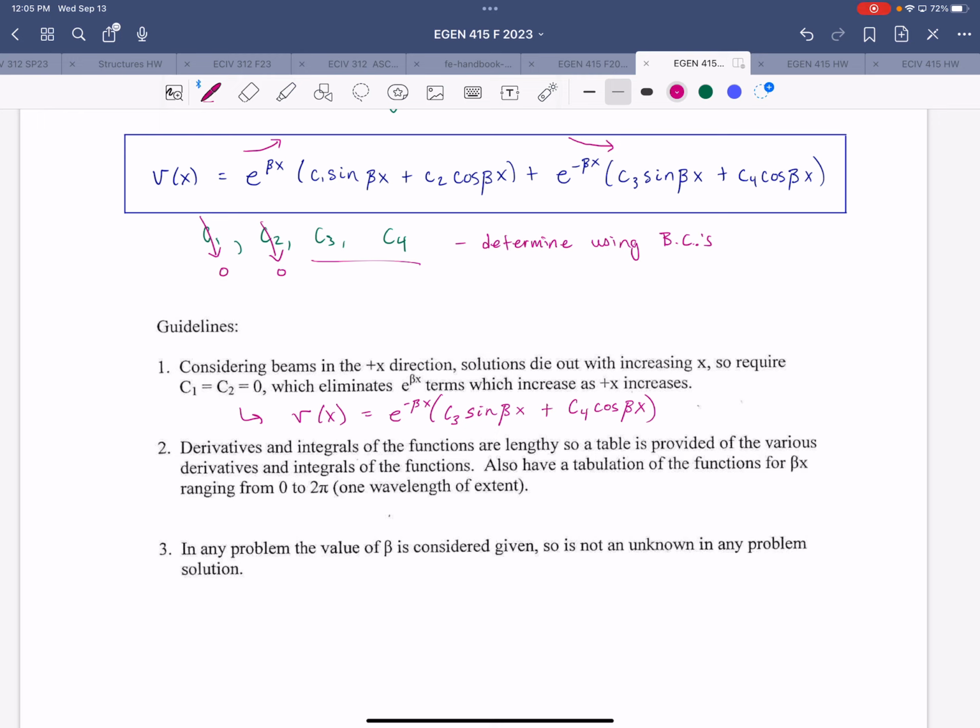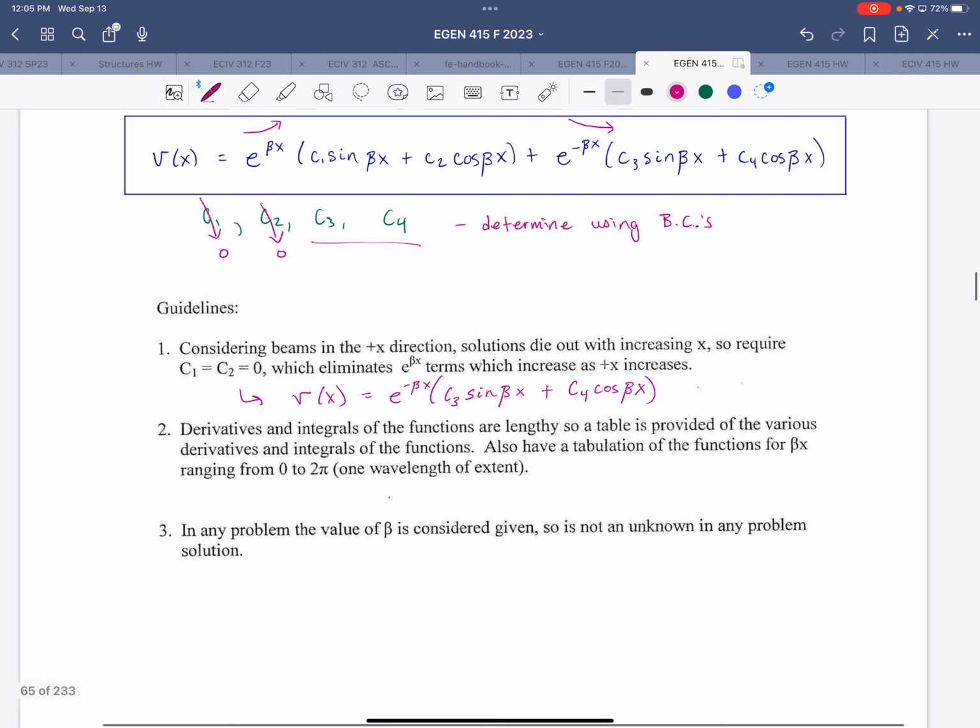And for simplicity, we will replace the exponent times sine or cosine with expressions in the form of a capital A, a capital B, and so on. I'll go through those on the next page, but basically this saves us some time in writing all of that out. So we have an expression for deflection that would look something like this.